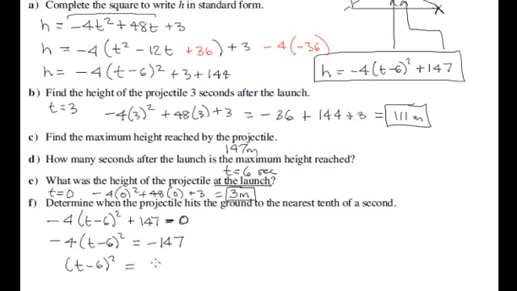Oh, let's see. 36.75 is what happens when you divide 147 by 4. Now we square root both sides, and we get t minus 6 equals plus or minus the square root of 36.75. It's going to be just barely over 6, 6.06.